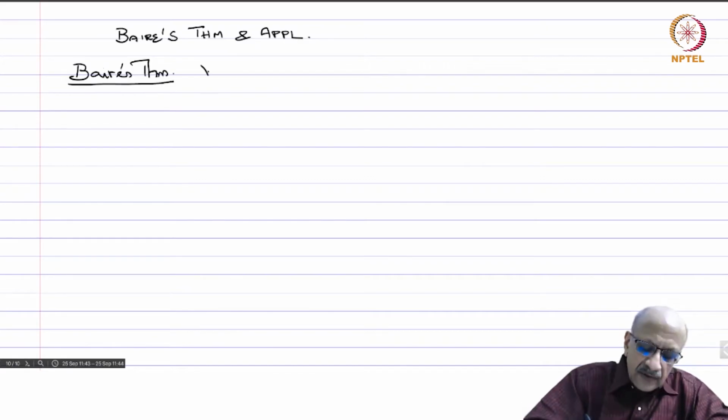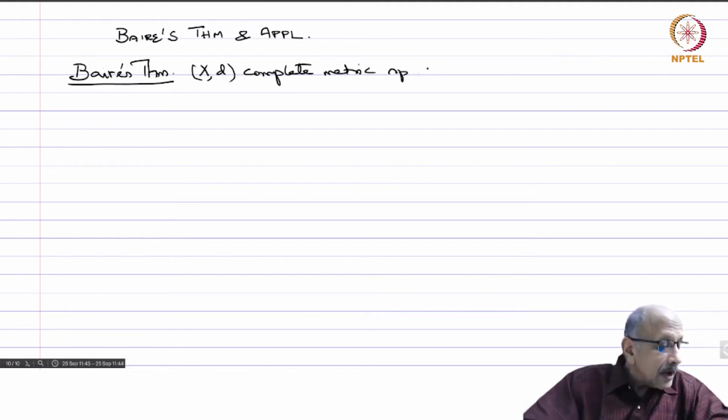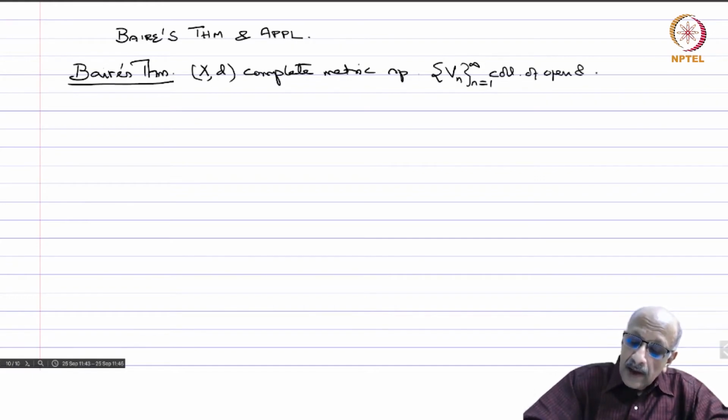So we have (X, d), a complete metric space. And you have V_n, n equals 1 to infinity, a collection of open and dense sets.